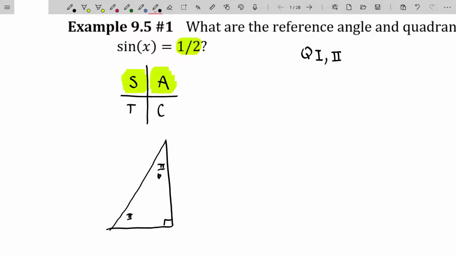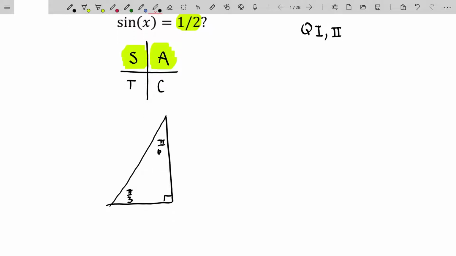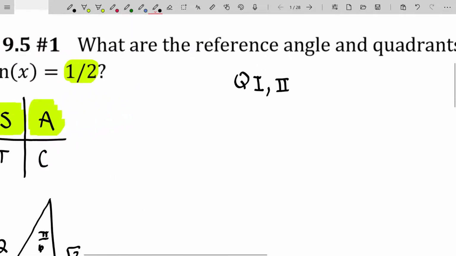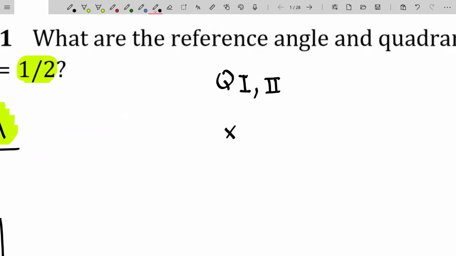I always work in radians, by the way, so if you wonder why I continually write in radians, it's because that's a habit that I have. If you write out your special triangle here, you'll see that the sine of pi over 6, opposite over hypotenuse, is 1/2. So my reference angle, x hat, is pi over 6.